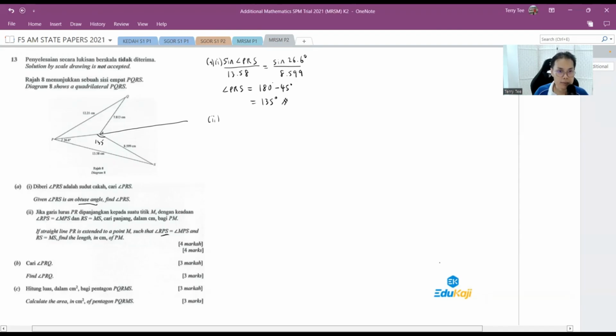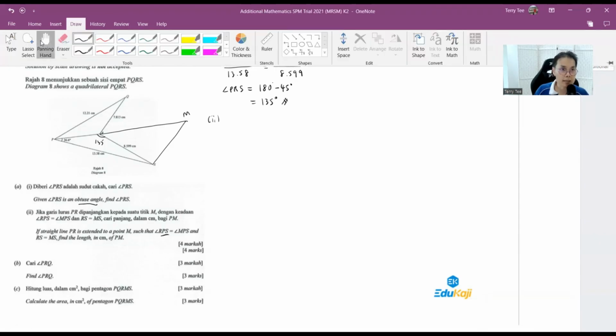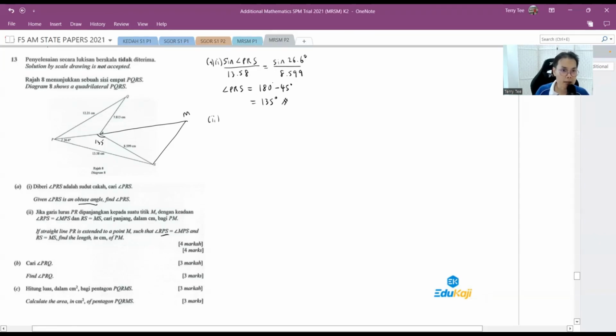That means your M is probably here. RPS and MPS are both the same. So M should be somewhere here. And RS is the same length as MS, so this is also 8.599, equal length.